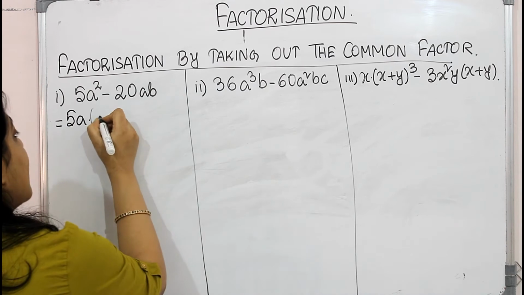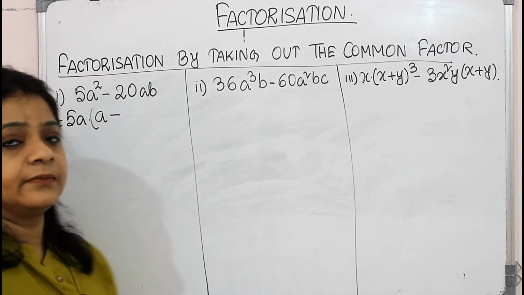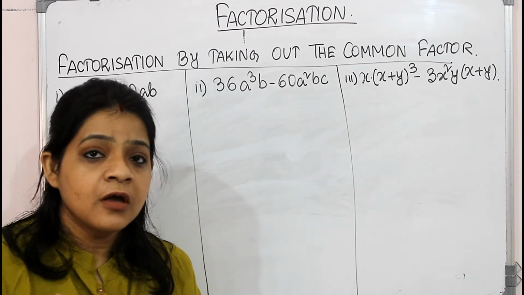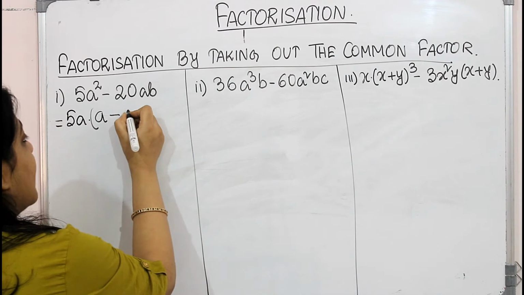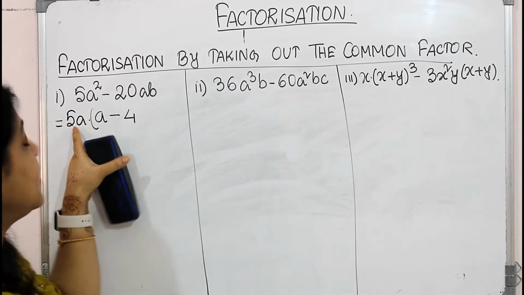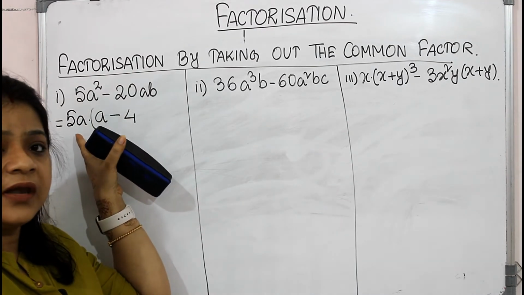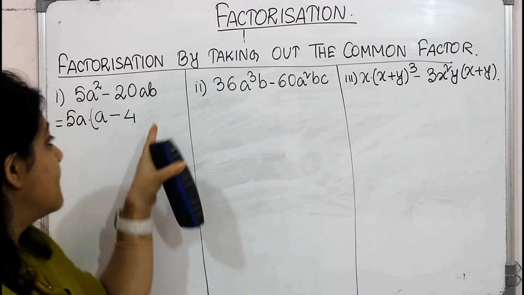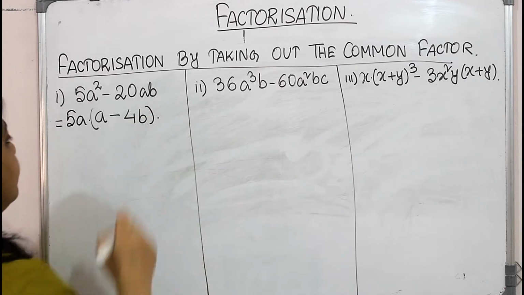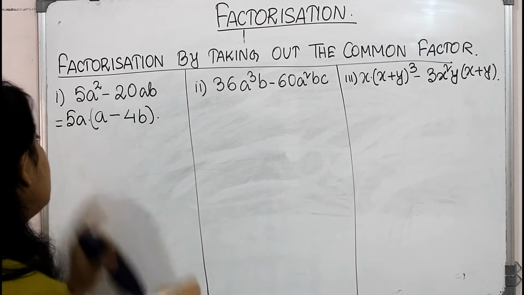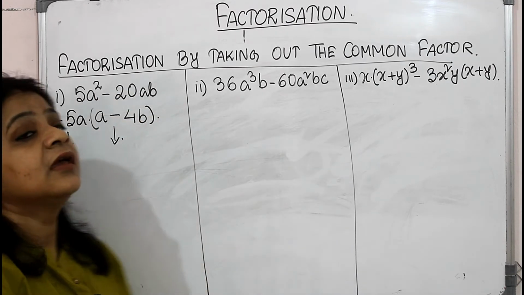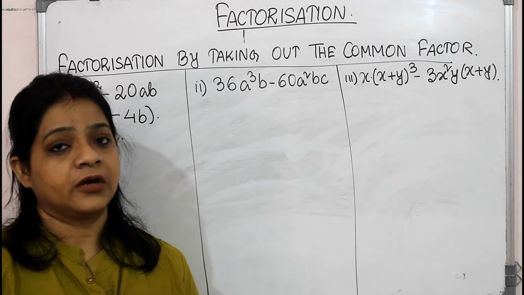So you will write a minus 20 divided by 5, you will get 4. 5 4s are 20. So let's write 4. Now a is already here, so no need of writing a, but b is absent here, so I will write b. So 5a is one factor of this polynomial and a minus 4b is another factor of this polynomial.